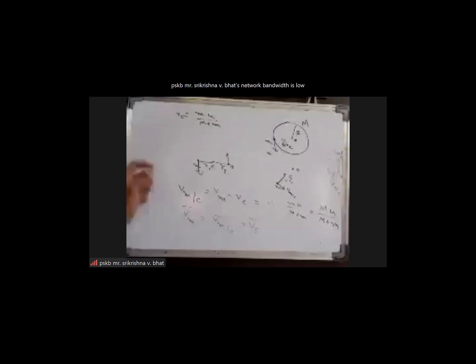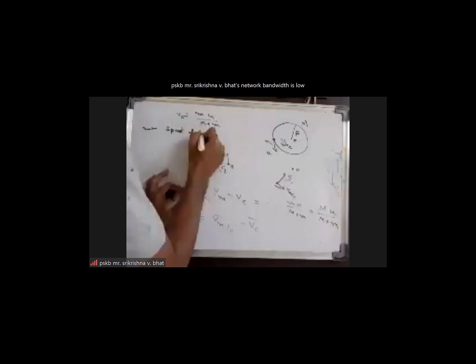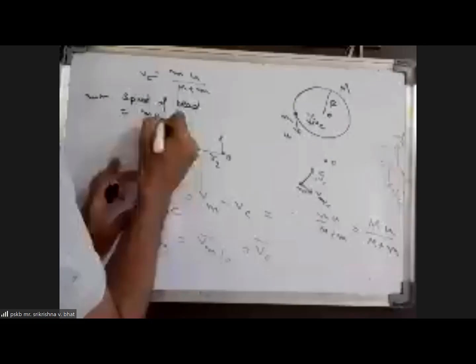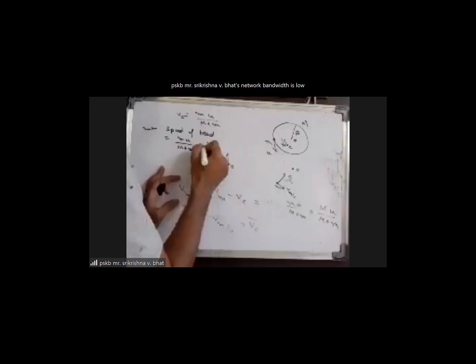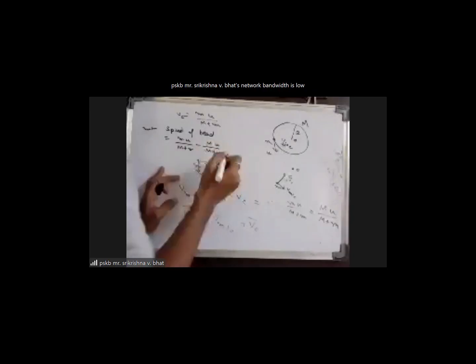So we can say minimum speed of bead can be considered to be mu by M plus m, minus capital M u. It should be difference actually.